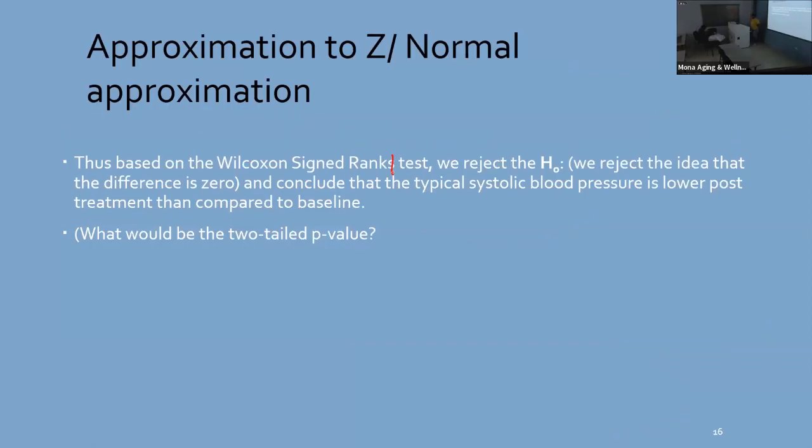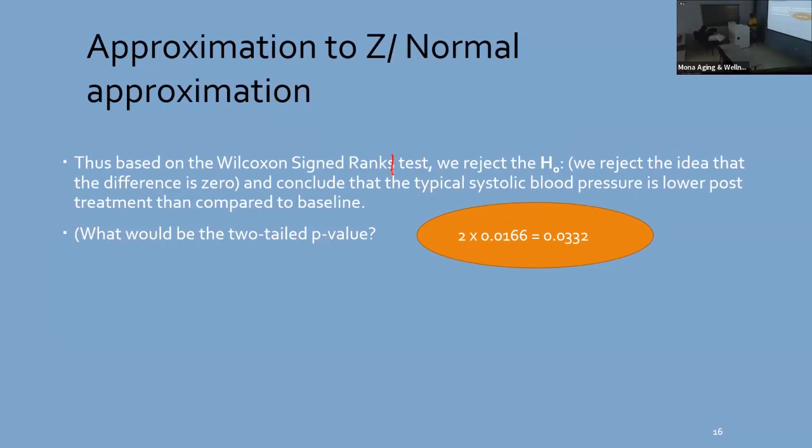So the question here is, what would be the two-tailed p-value? The two-tailed p-value would be 2 times our one-tailed p-value. So it's going to be 0.0332.